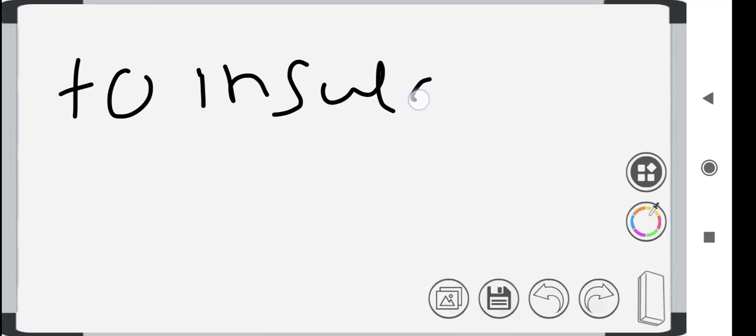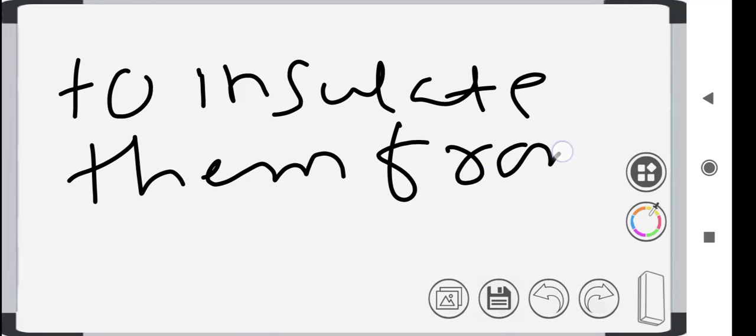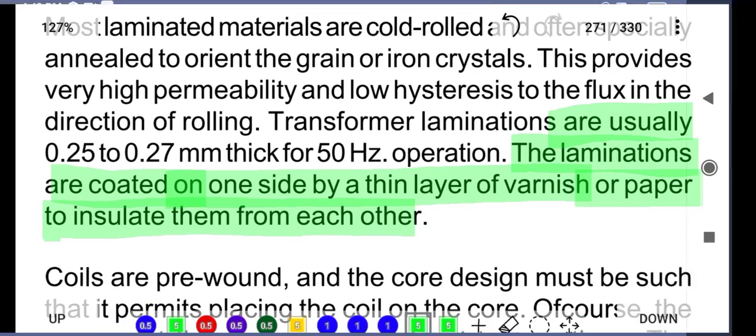The answer is to insulate them from each other. This is very very important. To insulate the laminations from each other, this is the purpose of varnish or paper. Okay, go to the next point.